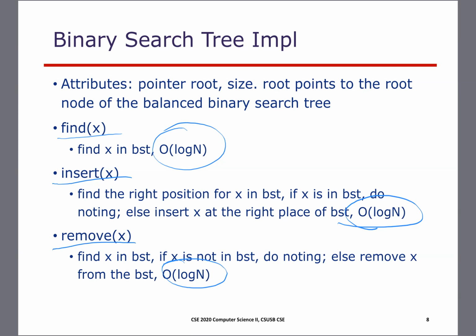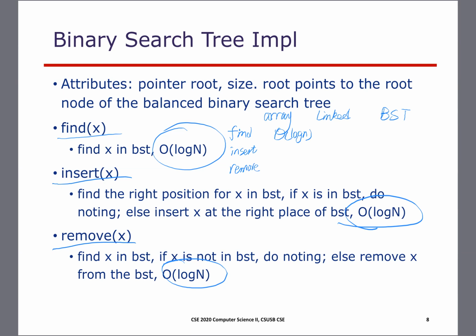So now let's compare the sorted array, the sorted linked structure, and the binary search tree. We have three operations: find x, insert x, and remove x. For the sorted array, find is big O log n.